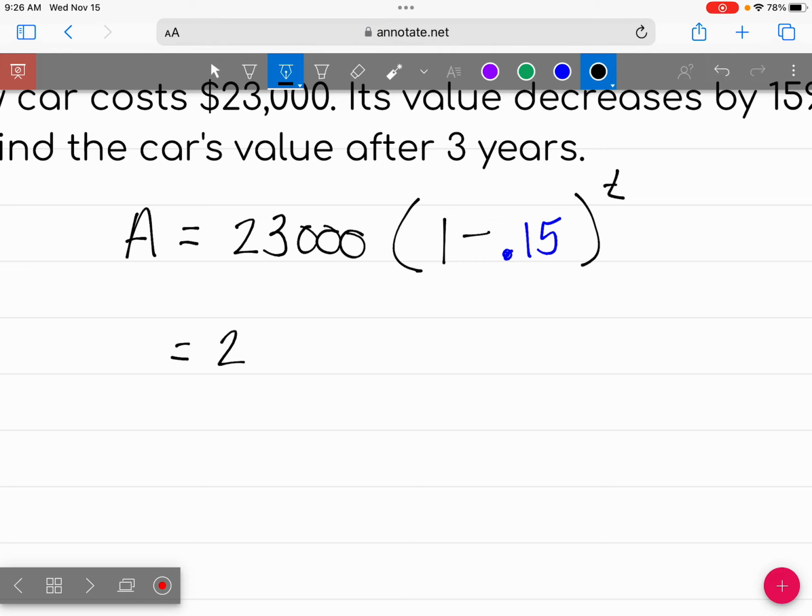This is genuinely how they calculate the value of a car. So if we simplify this, 1 minus 0.15, this is true. Each car depreciates at a slightly different rate. But if you want to know what your car is worth in another 12 years, you could take what you paid for it.